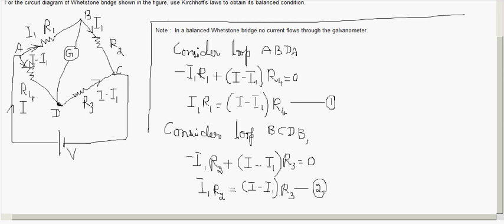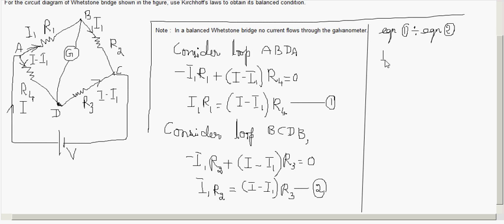First we have distributed the current using Kirchhoff's current law, and now we have written voltage equations using Kirchhoff's voltage law. Now by using equation 1 and 2 we can find out the condition for the balanced bridge. Now divide equation 1 by equation 2. What does it give us?